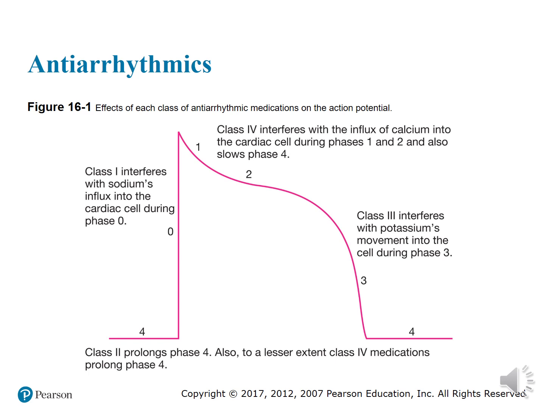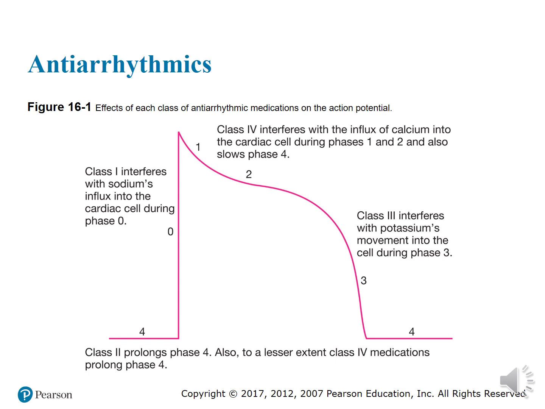So if you're taking a class 1, which is your sodium channel blockers, it kind of affects your phase 0, which is the forming of your QRS wave. If you have a class 2, it prolongs your phase 4, meaning you have a longer rest period before your P wave forms.